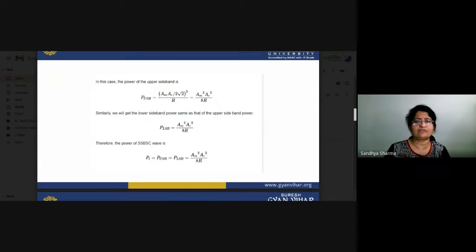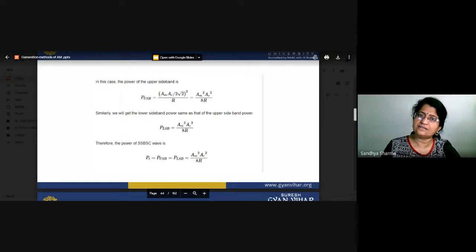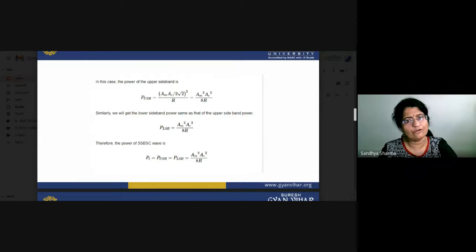So we can calculate the RMS value, and after that we can calculate the power contained in the upper sideband, or the same power will be contained in the lower sideband. The power content of both the sidebands is equal. So you can use either the upper sideband for transmission or the lower sideband for transmission purposes. In both sidebands, the same power will be consumed.